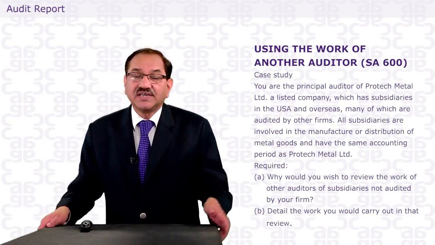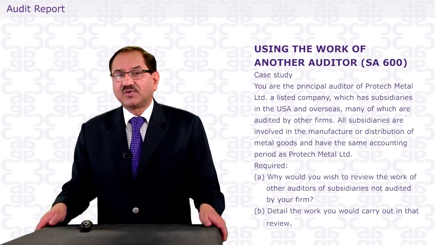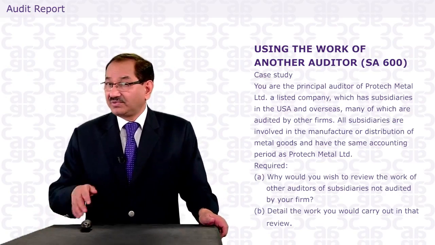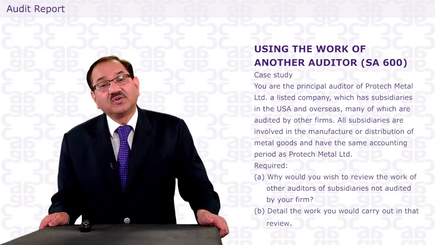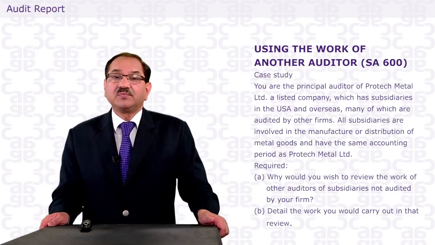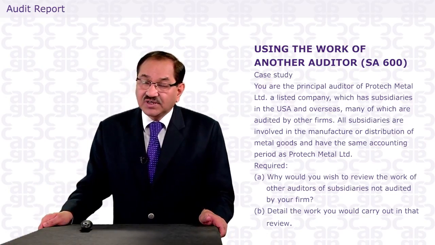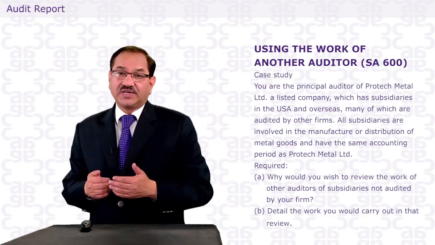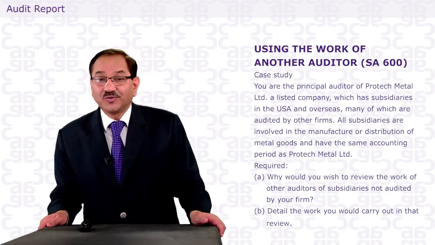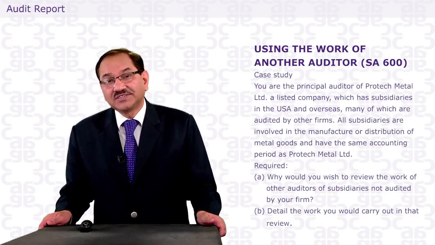As I told you, it may be a framework under the Companies Act, a separate framework for banking companies, or a framework for insurance companies. These are the things you have to document, and only then will you be able to tell that we have relied on the subsidiary auditors to that extent.